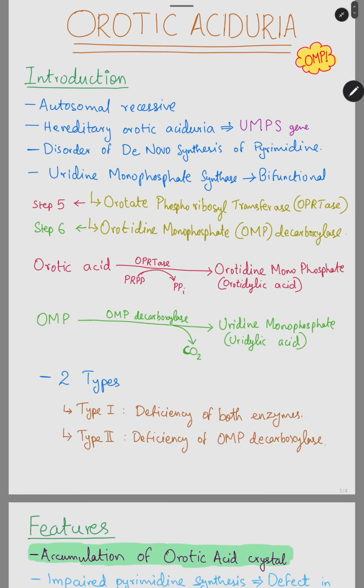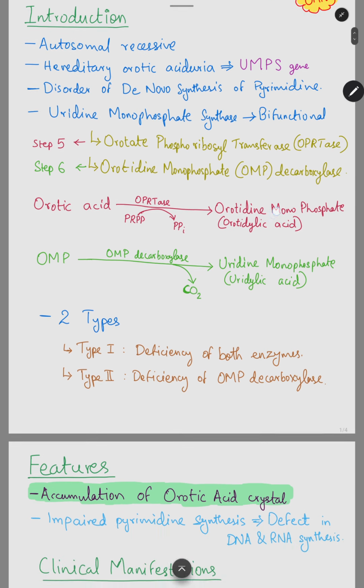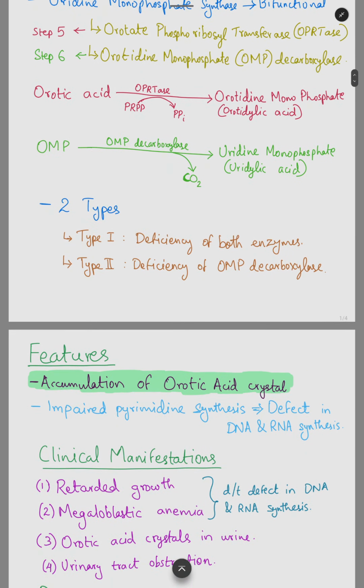Now to summarize, we discussed the introduction, that is autosomal recessive UMPS gene variation, the uridine monophosphate synthase enzyme which is bifunctional, with OPRTase activity and OMP decarboxylase activity. Fifth and sixth step, these are the steps related to orotic aciduria. Two types: type 1, deficiency of both enzymes, and type 2, deficiency of only OMP decarboxylase.